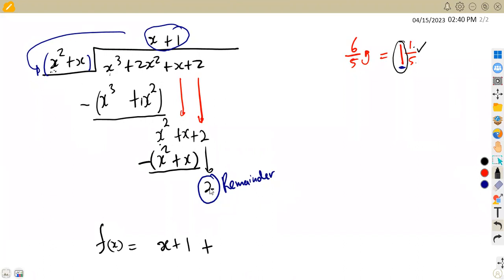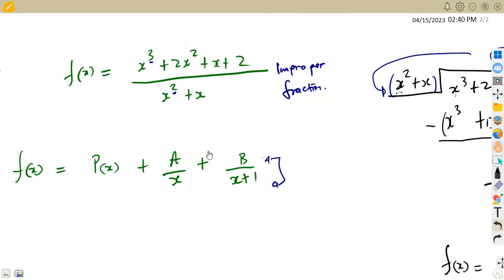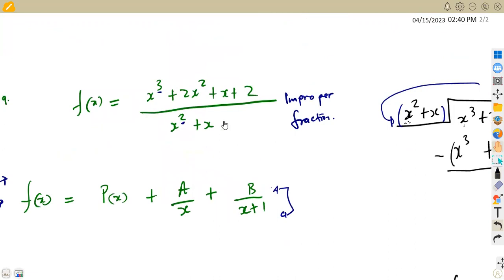So our remainder is 2, so it is going to be 2 over, we were dividing by what? By x squared plus x. So this is how the whole part of f of x can be written, from what we were given here, our f of x as an improper fraction.